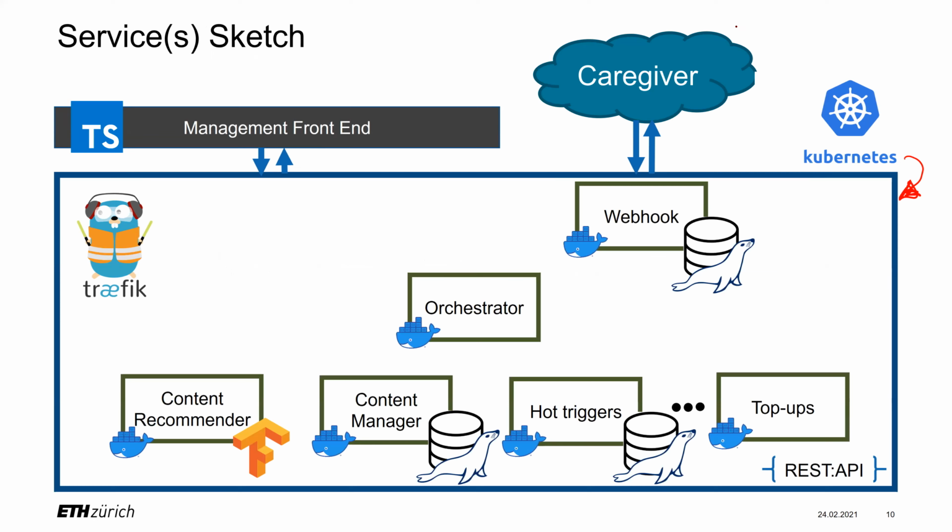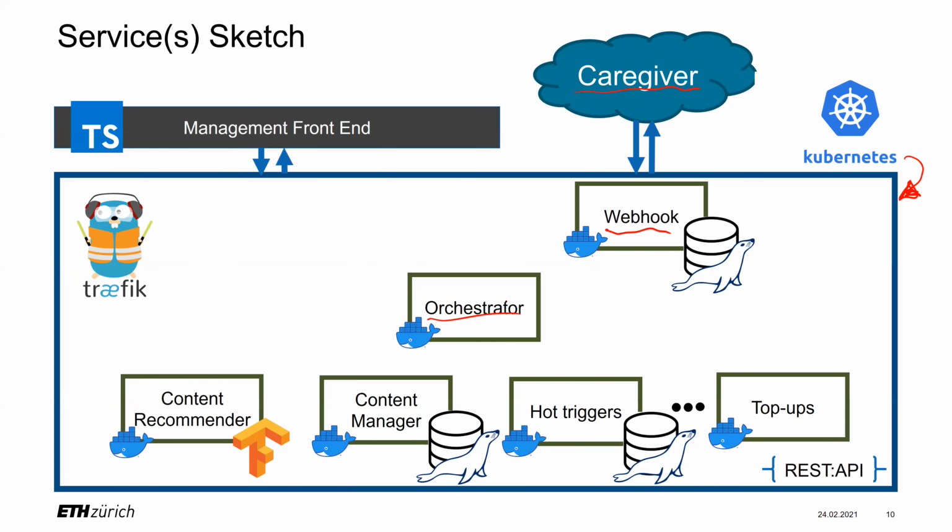Okay. So this follows a microservice architecture where we have several individual smaller services, and they all interact through REST API. Some of these services have their own databases, and some of them have their own models.